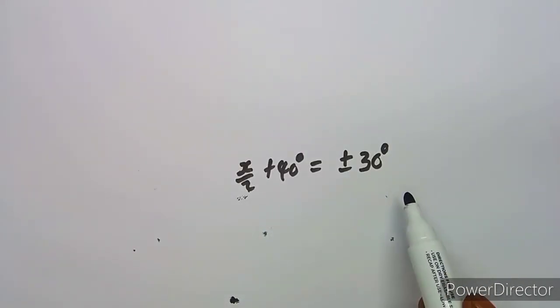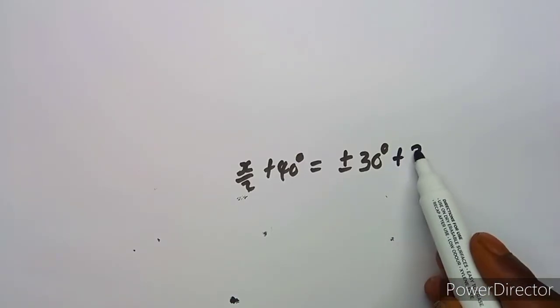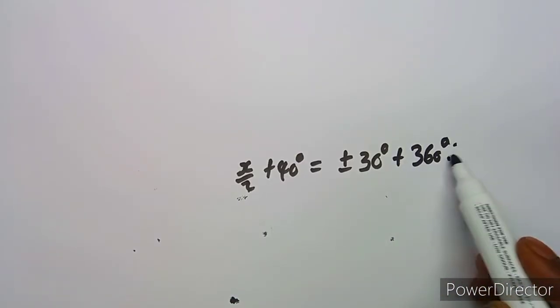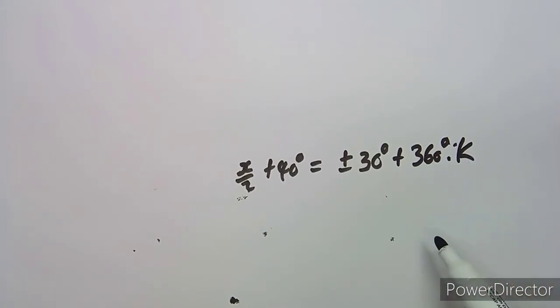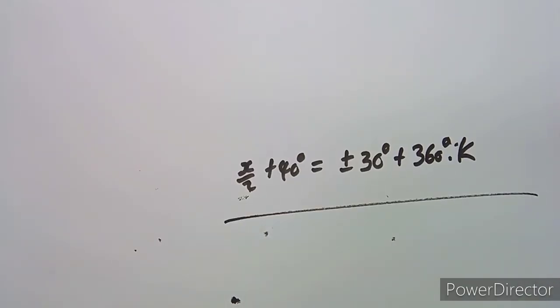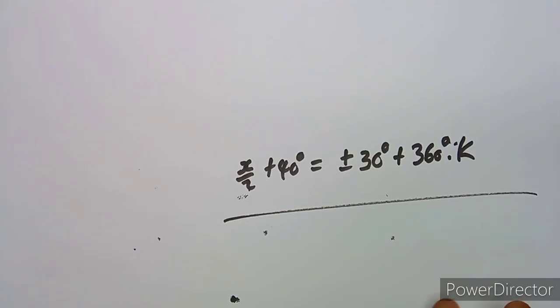So you can just write plus or minus, plus 360 degrees k, where k is representing all the possible values that we can have. So we can actually have all the solutions from this part. Then you just make x the subject. So you see, there will be so many ways of attempting and answering these questions.